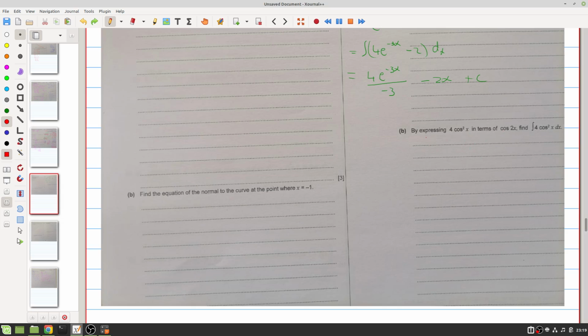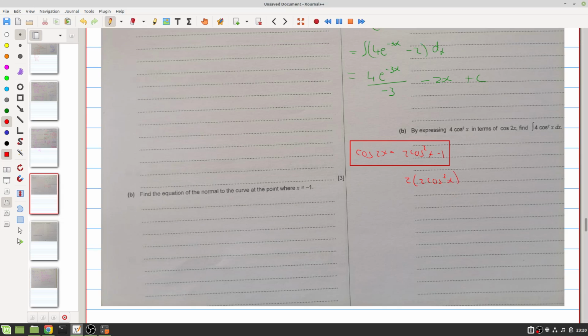First, I know that one way to rewrite cos 2x is 2 cos squared x minus 1. This is what informs my decisions of how to proceed here. So I'm going to start with 4 cos squared x, which is the same as 2 times 2 cos squared x.